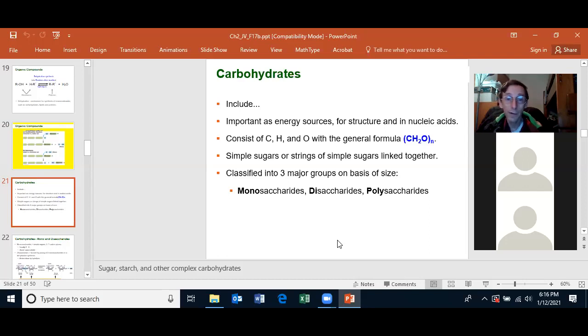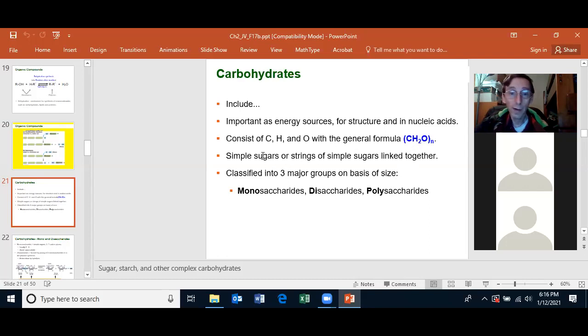Carbohydrates consist of carbon, hydrogen, and oxygen, but they don't consist of any random number of carbon, hydrogen, and oxygen. They have a general formula. The general formula is for every carbon, there's 2 hydrogens and 1 oxygen.